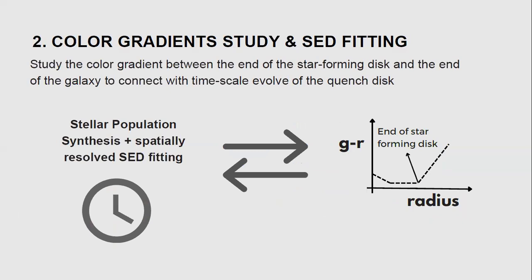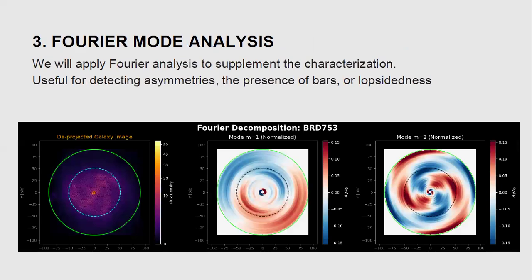I can extract color gradients in the radial data to do SED fitting and understand the stellar population content, because I want to study the color gradient with the stellar population to understand the age of the truncated star forming disk and understand which process is affecting it, because different ages are connected with different physical processes.